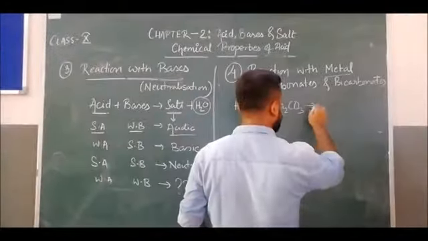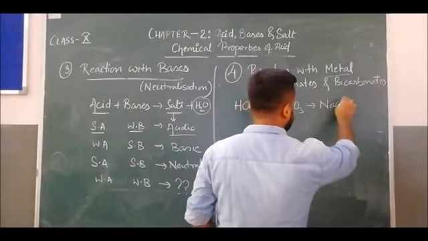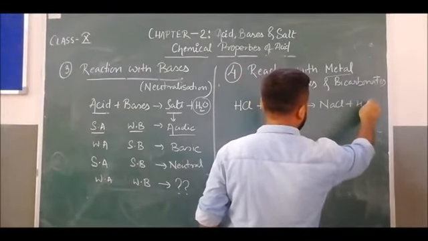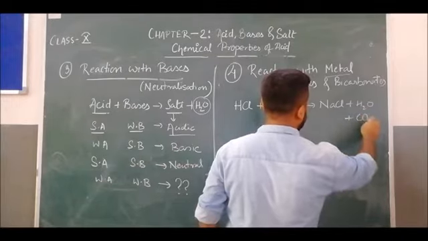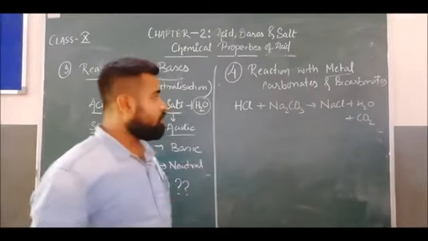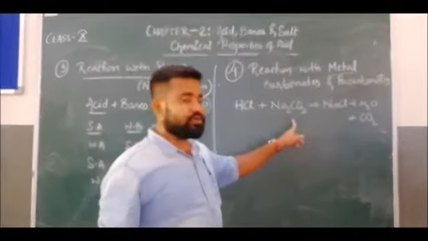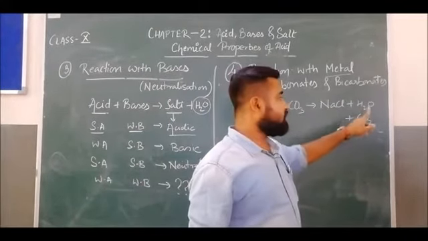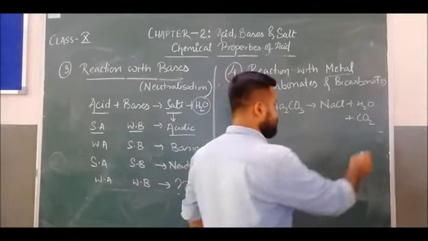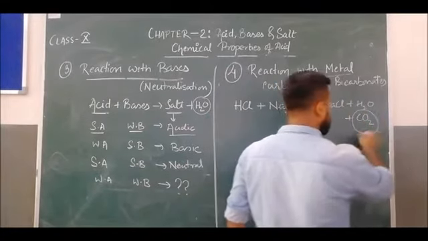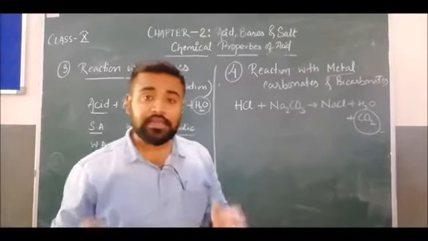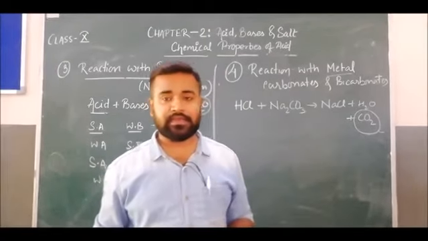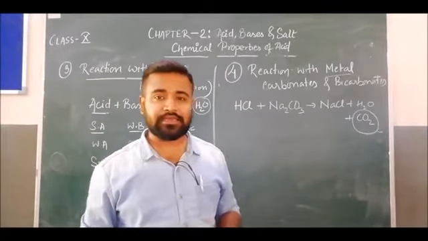The reaction will be NaCl plus H2O plus CO2. HCl, when it reacts with Na2CO3, gives NaCl, that is salt, plus water plus carbon dioxide. So the important characteristic of this reaction is that it liberates carbon dioxide gas.